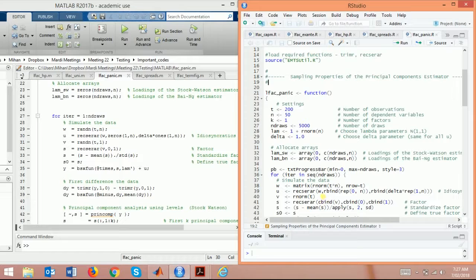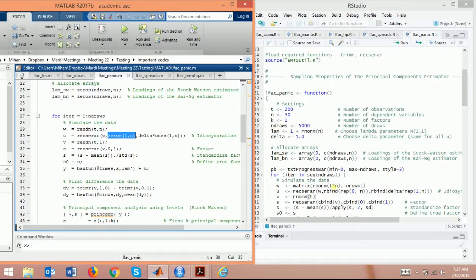Recursive estimation is done with omega being the x, row bind replicate 0 rows n columns is y-not initial value, replicate 0 n times, so 1 row, just a 0 vector, because omega is a vector, t rows n columns. Omega is a matrix, I'm sorry, so y-not initial value is a vector.